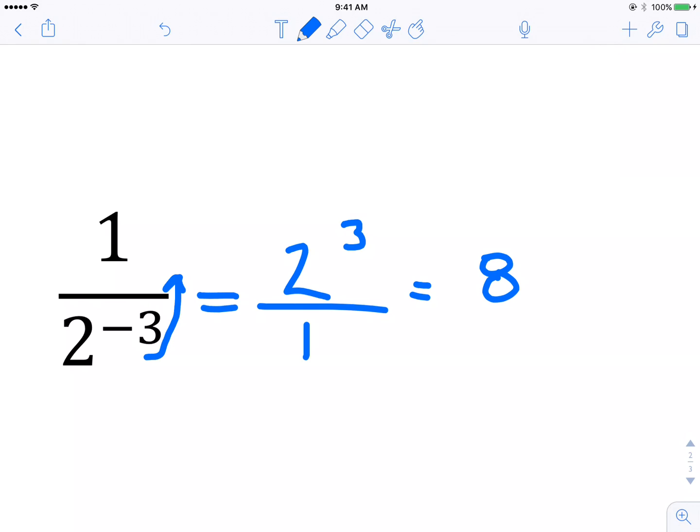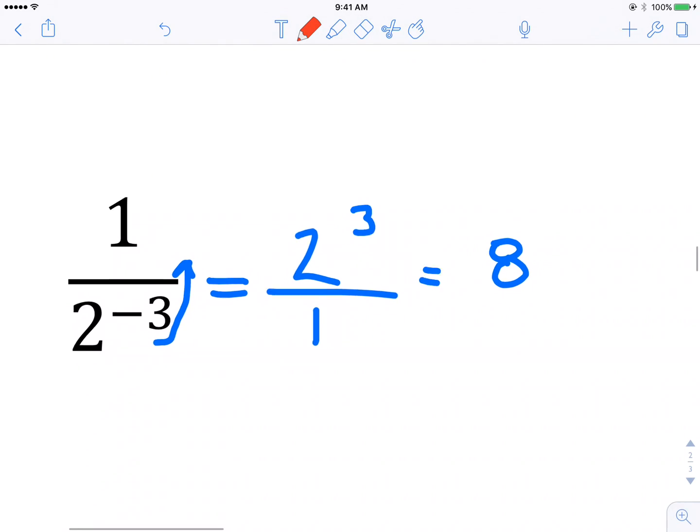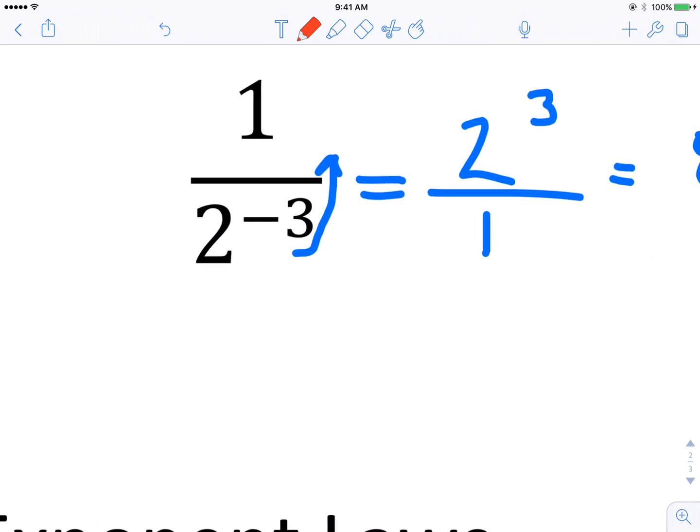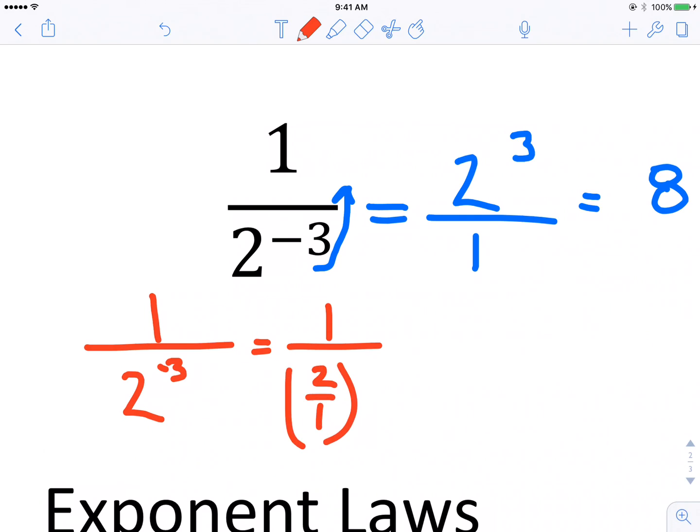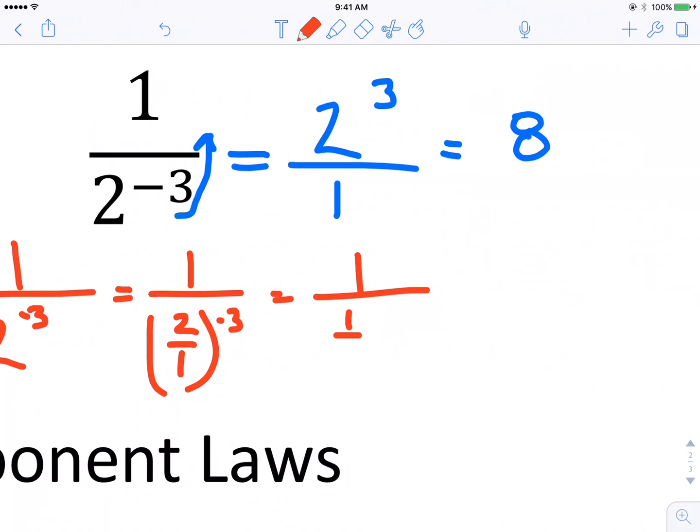Now mathematically, the steps are completely different. That's a shortcut. Mathematically, this is what we have. We have 1 over 2 to the power of negative 3, which is 1 over 2 over 1 to the power of negative 3, which is 1 over 2 to the power of 3.